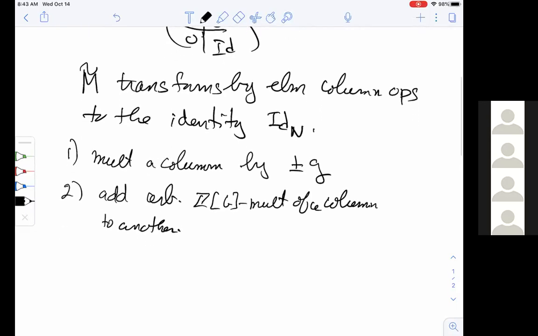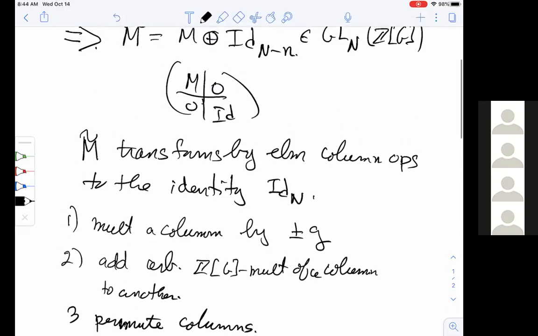These are your elementary column operations. These include, for example, permuting the columns. And by these operations, after stabilizing, you transform M into the identity.